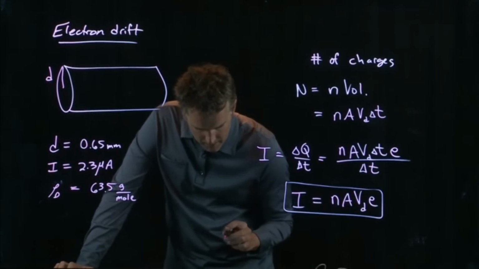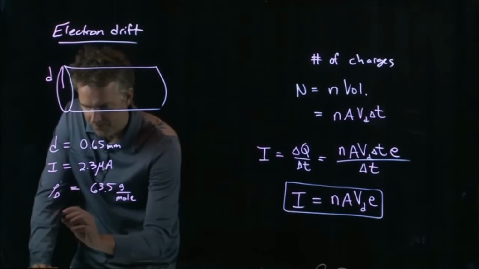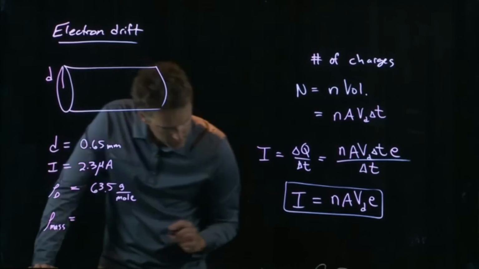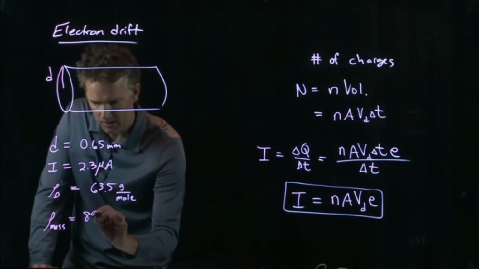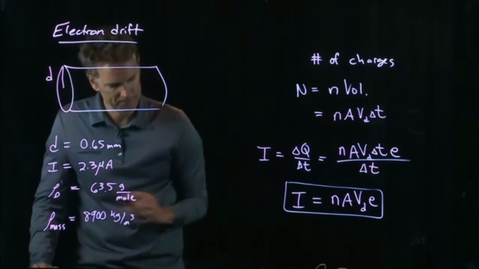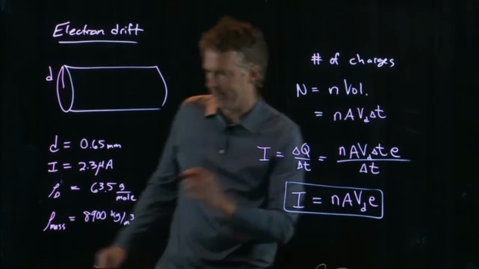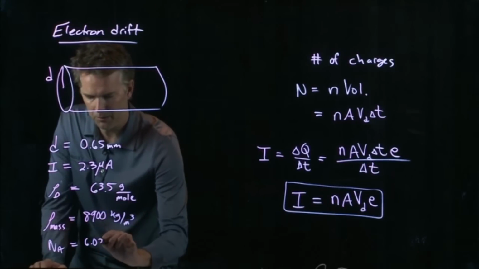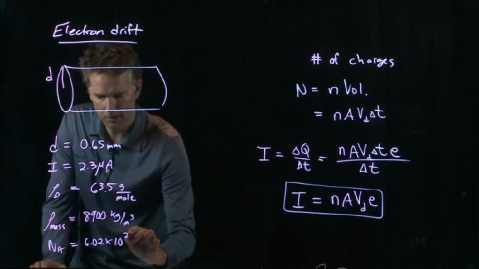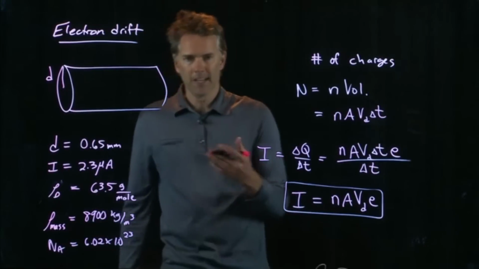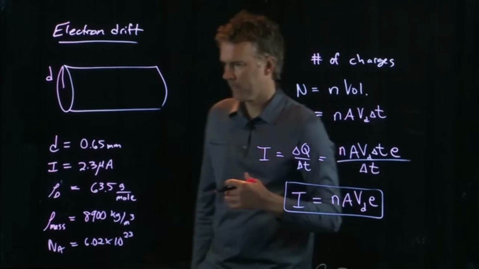And then the mass density is 8,900 kilograms per cubic meter. And then finally, of course, they tell us Avogadro's number, which is 6.02 times 10 to the 23, and that is the particles in a mole.